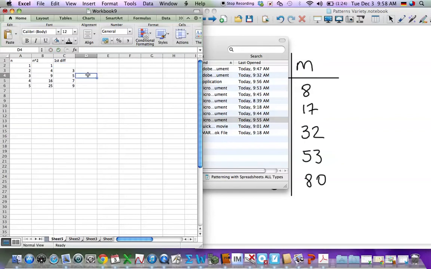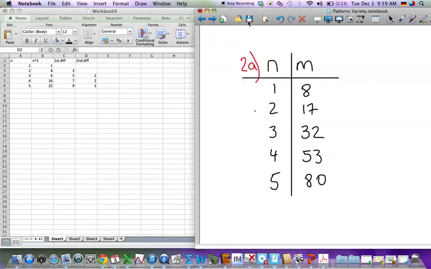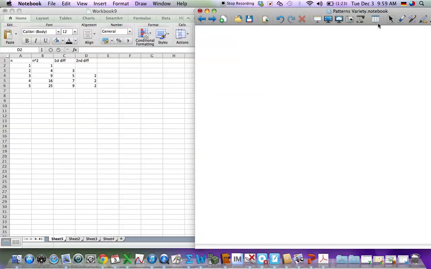But if I do the second differences, that minus that, and I extend the table, then I do actually get a constant difference. So the second differences are 2. That's the first thing we're going to make a note of.